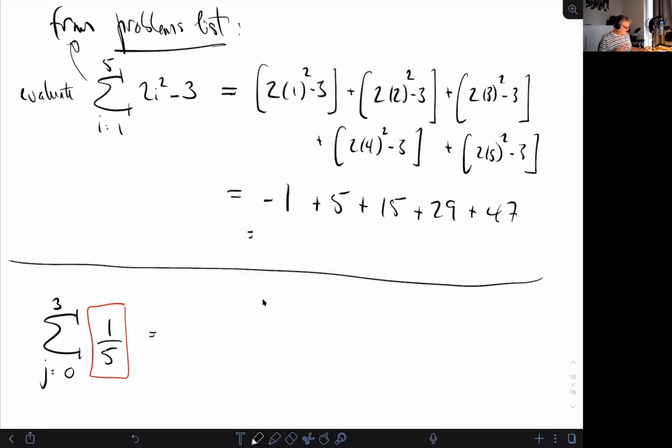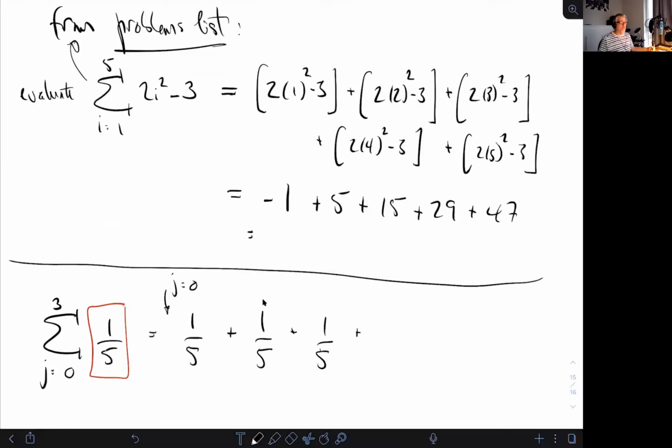So what is that expression when j equals 0? It is 1/5. What is the value when j equals 1? It is 1/5. What is the value when j equals 2? It is 1/5.